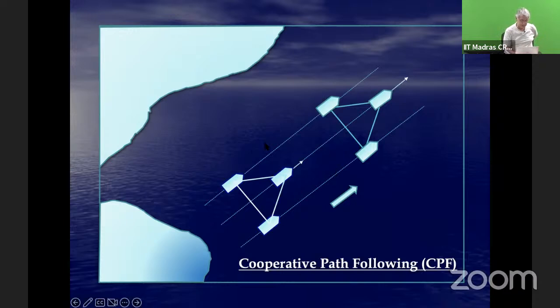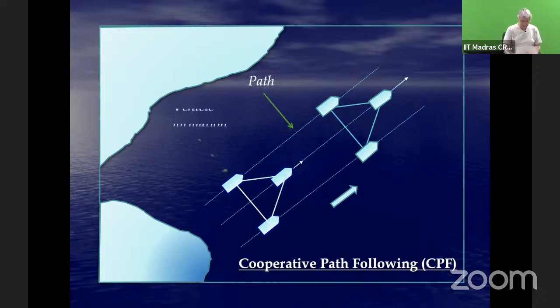So in other words, you'd have these vehicles communicate and coordinate themselves in such a way that all of them would go along these paths with a certain formation pattern. They could go side by side, in a triangle, or one after the other, and so forth. So this is called cooperative path following.